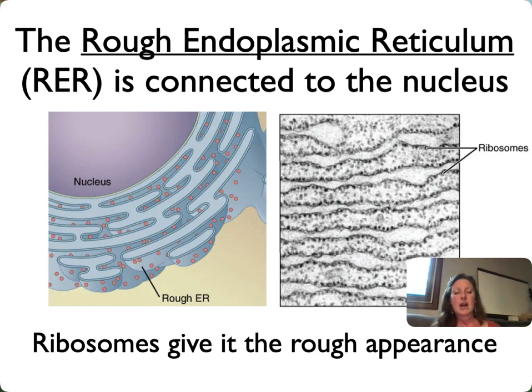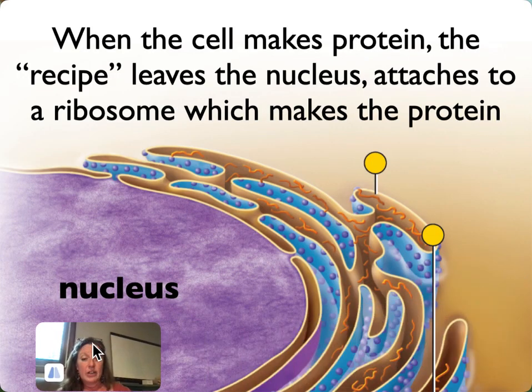And each kind of ribosome, whether it's on the ER or in the cytoplasm, makes a different kind of protein. Now, the rough endoplasmic reticulum is actually attached to the nucleus. So when the cell wants to make a protein, it will copy the recipe, copy the gene. That gene will come out into the endoplasmic reticulum, go through a ribosome, and the ribosome will read the recipe and make the protein. So you can see that a little bit here.